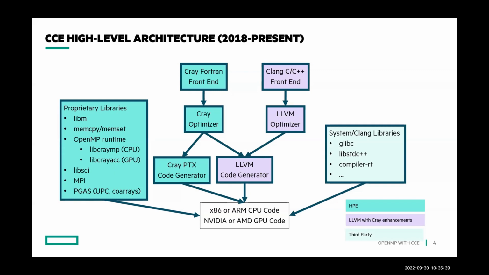And then again, for our C and C++, we use Clang, but we do have a number of enhancements that we've added to Clang. With our compiler, it comes coupled with a number of proprietary libraries for math, for doing mem copies and mem sets. And we will actually do pattern matching in our Fortran compiler to leverage some of those libraries when we see we can do so.